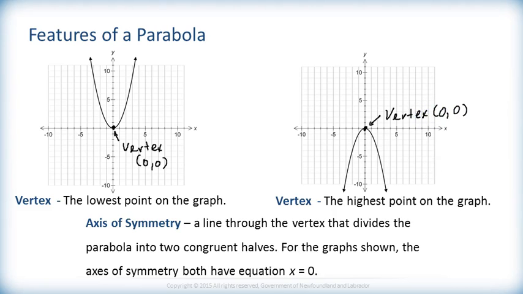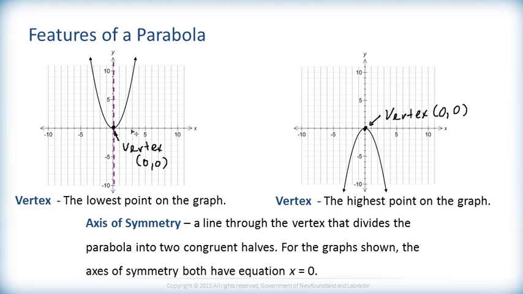There's something called an axis of symmetry. The best way to explain it is to show it. I'll take this line and I'll move it to a location that passes directly through the vertex. So it's a vertical line that passes through the vertex, and it shares the parabola into two equal halves.